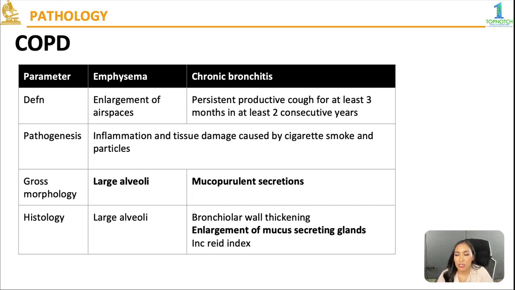But they have different presentations and morphology. In emphysema, there's large alveoli. Basta emphysema, large alveoli. Whereas in chronic bronchitis, there's mucopurulent secretions grossly. And in histology, there's an enlargement of mucus-secreting glands. So in the case, di ba nasabi na meron siyang obstructive pulmonary disease, tapos very prominent yung cough, productive cough. So that's probably chronic bronchitis, no? And that would present with enlarged mucus-secreting glands on histology.